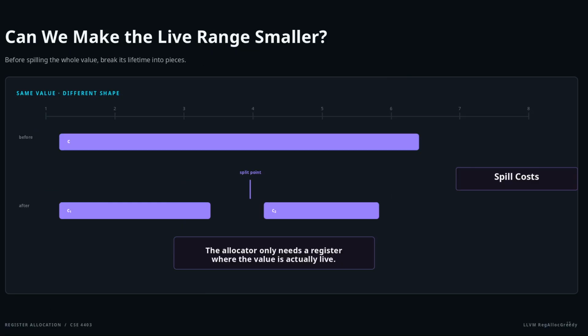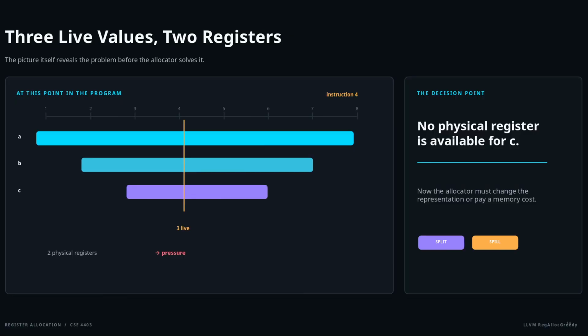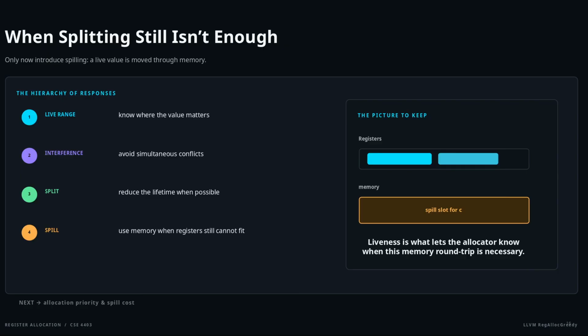We can split C and create its new lifetime, maybe make a hole, and see if the newly created lifetime can be placed somewhere here that it doesn't collide with A or B's lifetime. But if it still collides, we need to evict one of them. So when splitting isn't enough, we must spill it, so split into the memory.